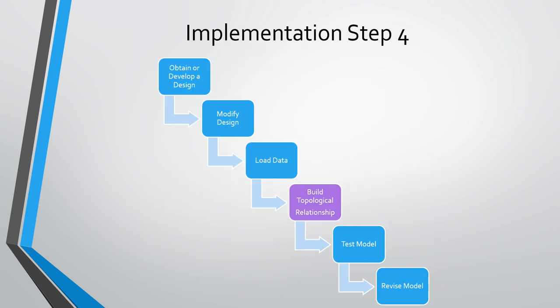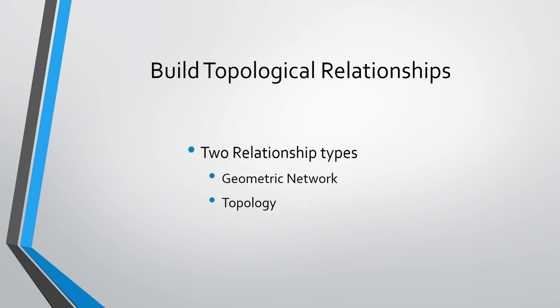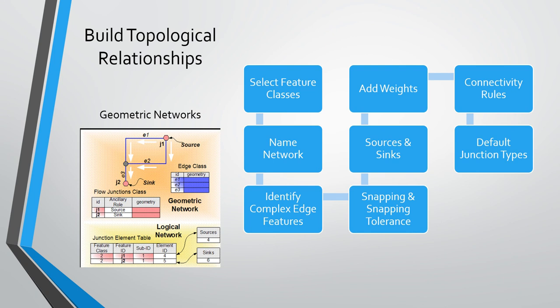Build topological relationships. There are two types: geometric and a topology. For the geometric networks, there is a lot of building to get a good flow with these networks.